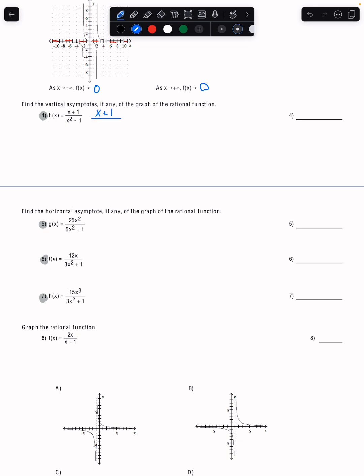The numerator stays the same, but x squared minus 1 we can simplify to x plus 1, x minus 1, which is the same thing, and we can cancel these two out, which leaves us with f of x minus 1. And then just like for problem number 1, we'll set the denominator equal to 0. And when you do that, you find x is equal to 1. And there, we would have our vertical asymptote.